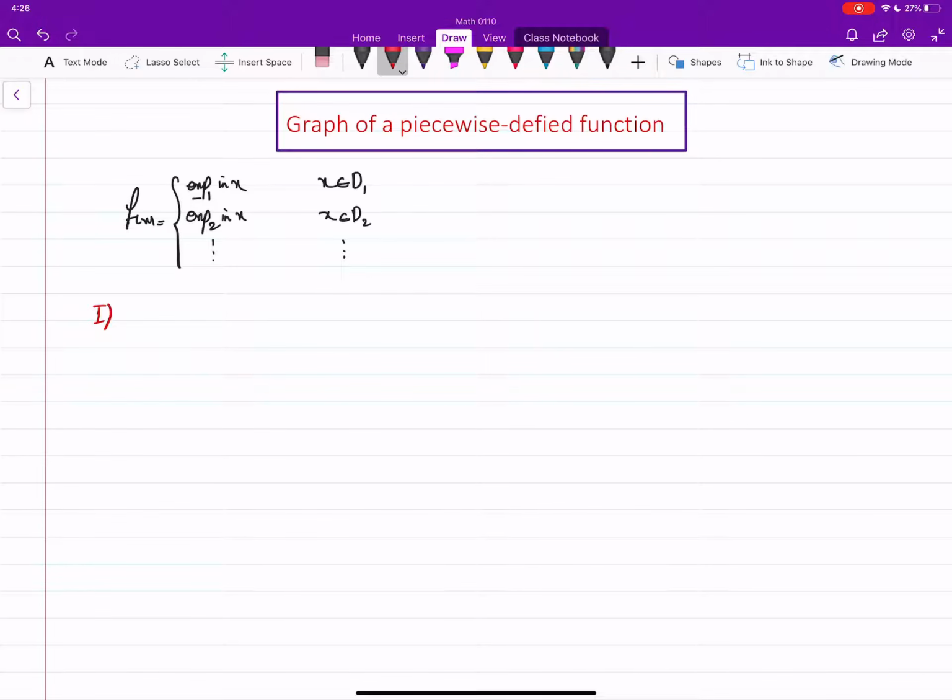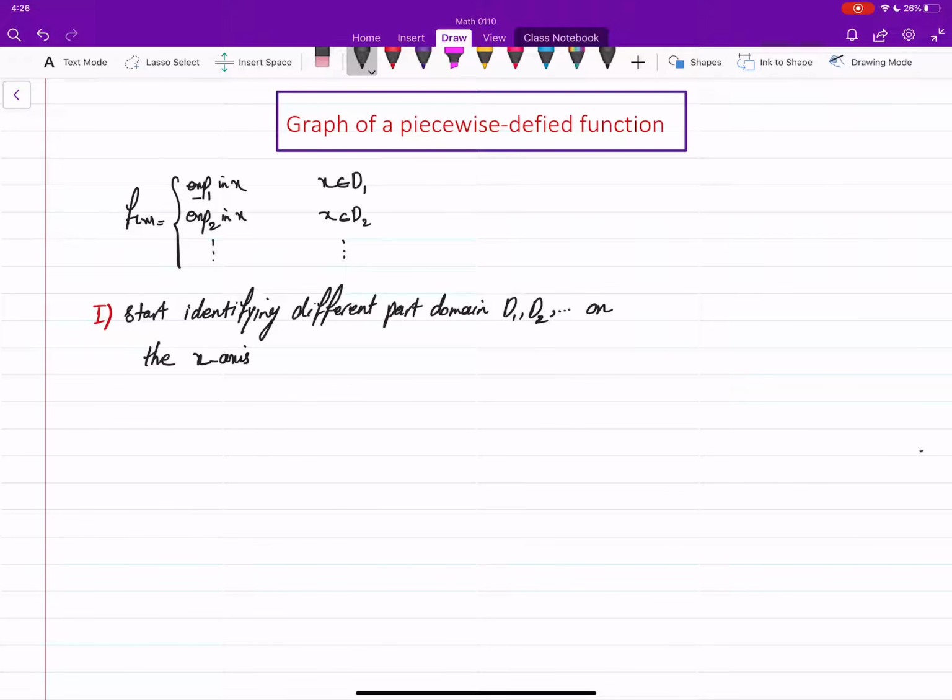The first thing is to start identifying the different parts of the domain, like D1, D2, and so on, on the x-axis.